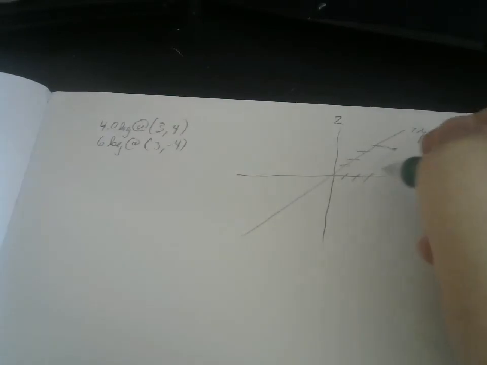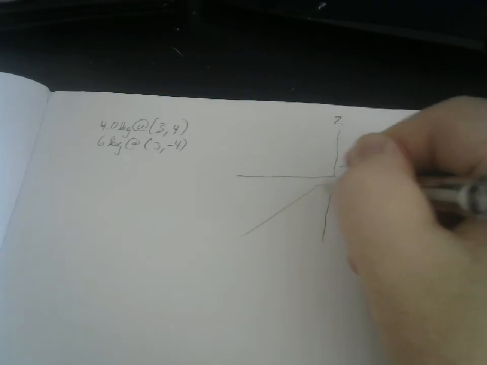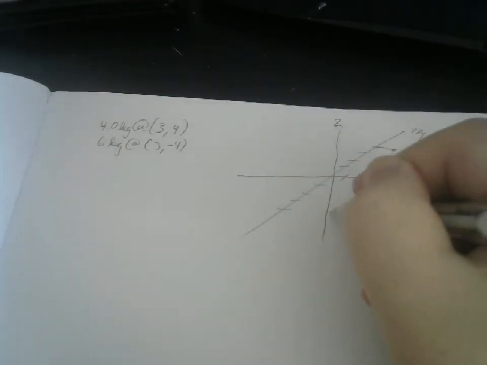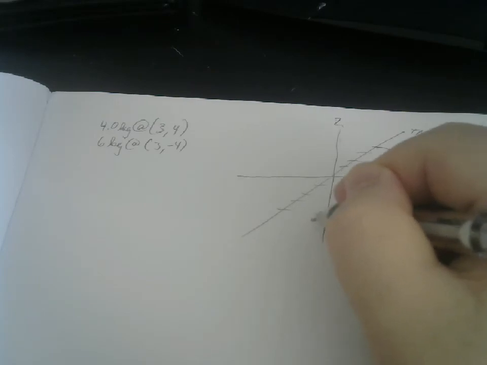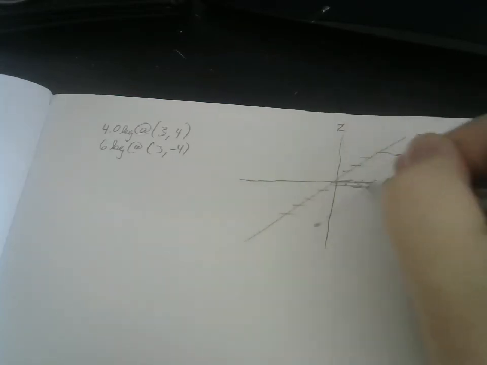And then the other object will be at 3, negative 4, which is 1, 2, 3, negative 4, 1, 2, 3, 4, so down here.